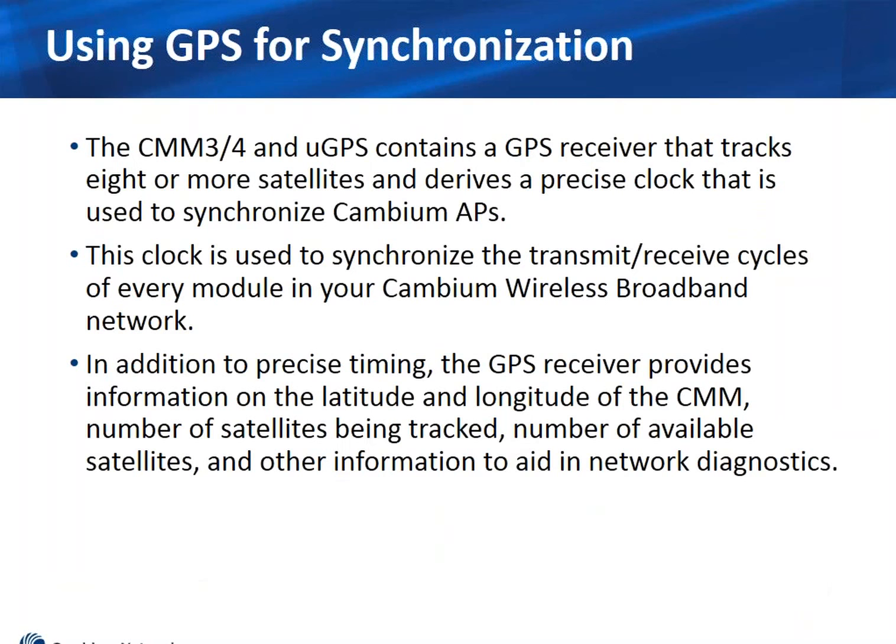You can read kind of through the rest of this on your own, but in general, I think we're aware now of what these type of devices are that actually connect to our access points, receive GPS information, derive a precise timing clock, and feed that timing clock to all the access points to be able to allow those access points to universally synchronize their TDD cycles, and thereby operating in a synchronized, harmonious mode. All right, next slide.